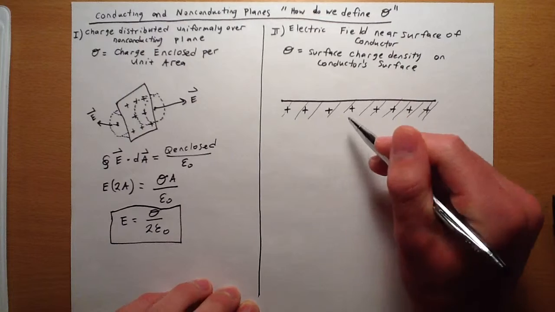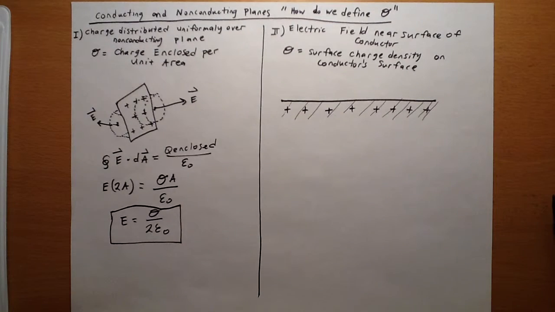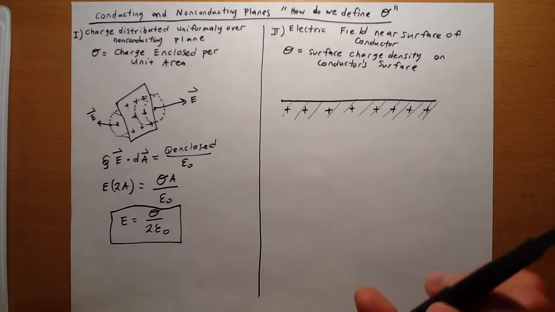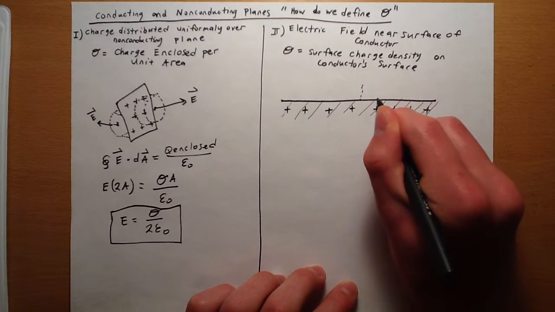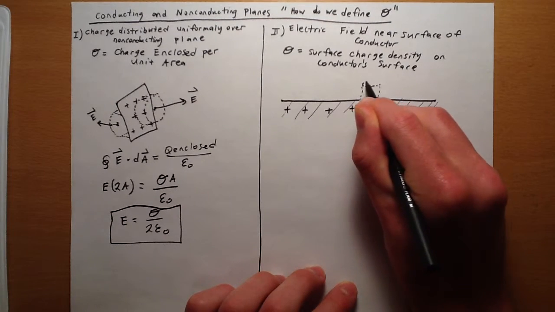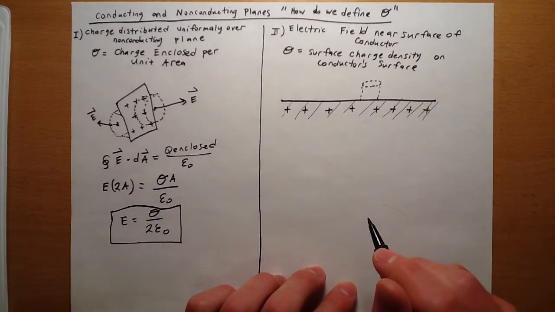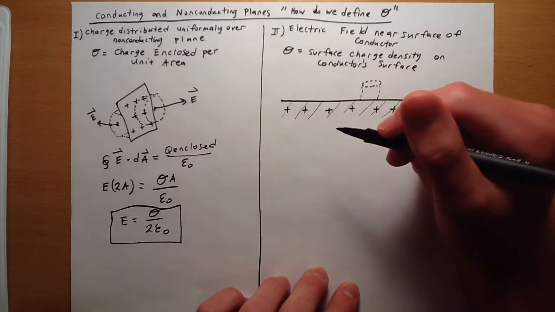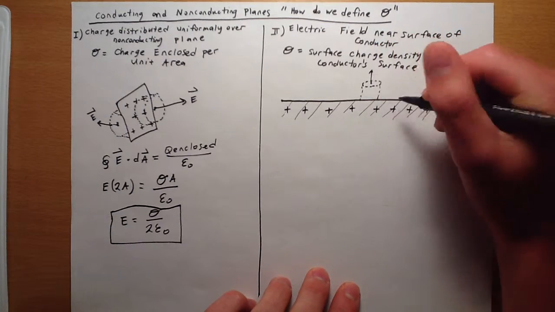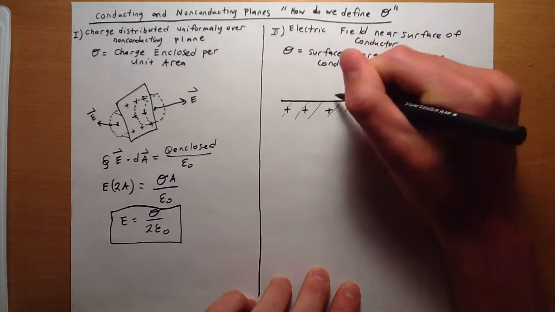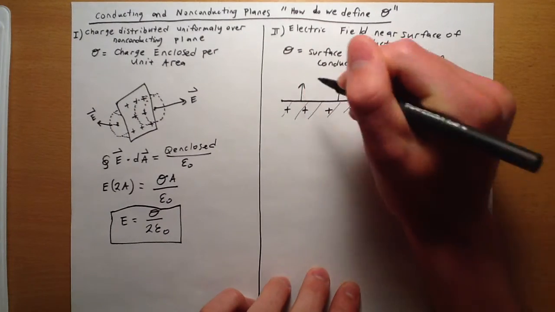And this represents the plane going on. And we're going to draw the cylinder. And we're going to have an electric field leaving the cylinder and going forward, because there are positive charges.